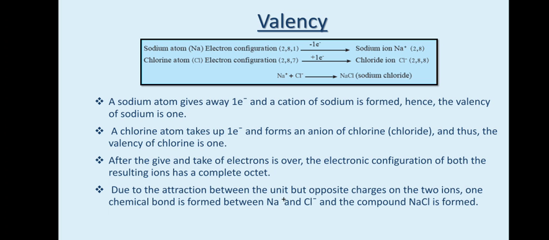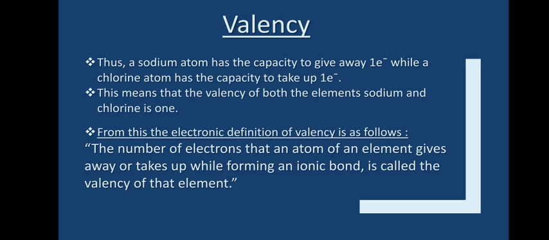For example, in chlorine, in the outermost shell, the valence electrons are 7, so 8 minus 7 is equal to 1 will be the valency. If it would be 6, it would be 8 minus 6 is equal to 2. If it would be 5, it would be 8 minus 5 is equal to 3. Followed? But if it is 1, 2, 3, 4, it will remain the same. So for example, sodium has 1 valence electron, so its valency is 1. Followed?